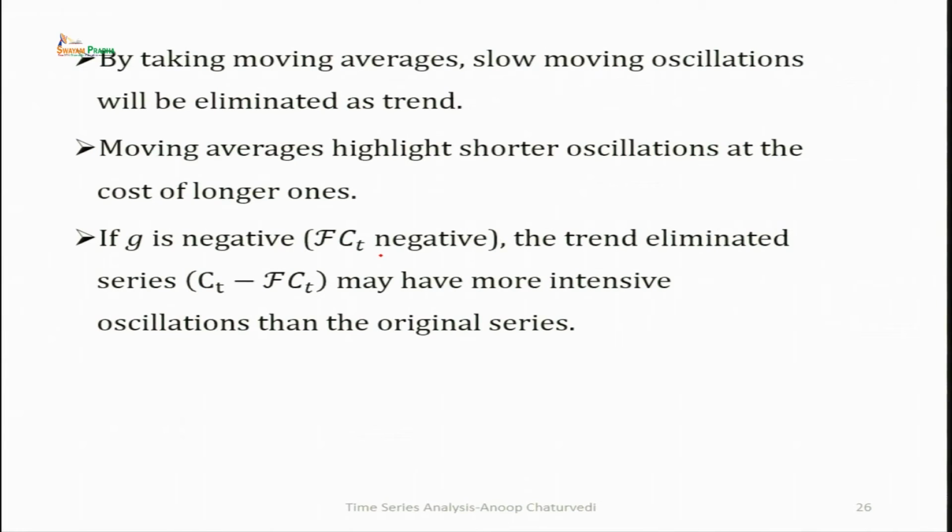The trend eliminated series C t minus f C t may have more intensive oscillations than the original series. So, this may also happen. In comparison to the original series, the series which you have obtained after eliminating the trend component has more intensive oscillations.